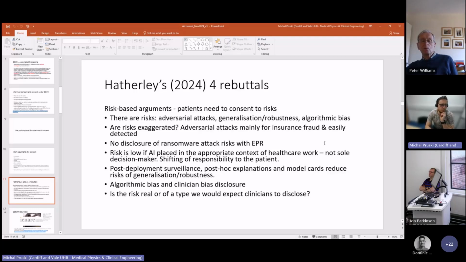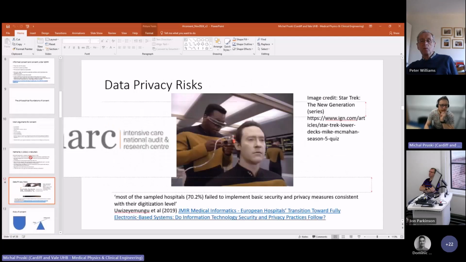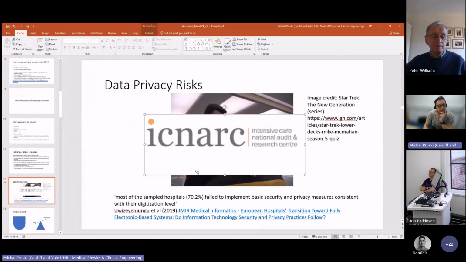But going back to, sorry, I had a picture of data here, but going back to the risk of privacy and AI, it's probably more important to think about the fact that most of the sampled hospitals in one study failed to implement basic security and privacy measures consistent with their digitization level.